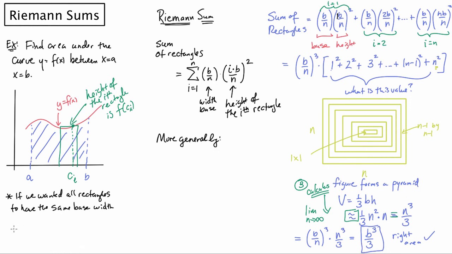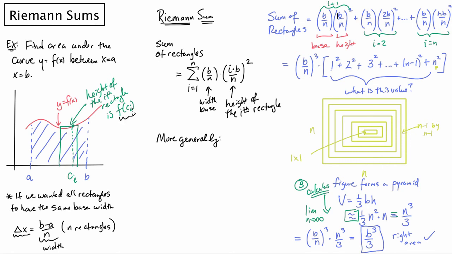Then that base we're going to call delta x, because we've come to know delta as being a width. So delta x is the width of the base, and here it would be b minus a over n if we wanted n rectangles. So if we wanted n rectangles on this interval, each rectangle would have width b minus a over n. Remember on the previous one it was b minus 0 over n. So we really haven't changed a whole lot here. But we're going to call this quantity delta x.